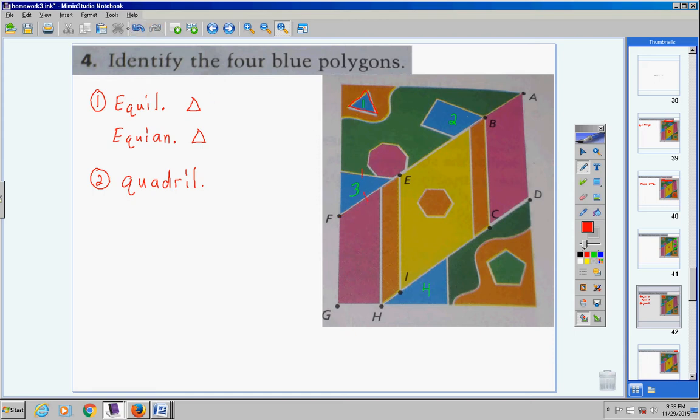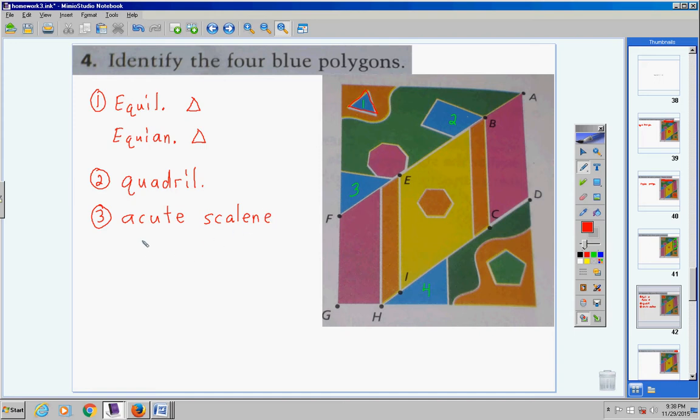But anyways, in my opinion, it's simply an acute scalene triangle. All the angles are less than 90, and all the sides are not congruent.